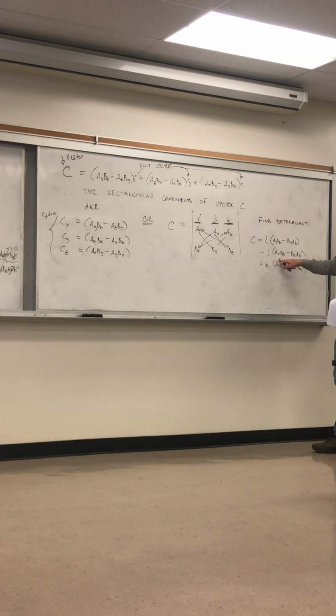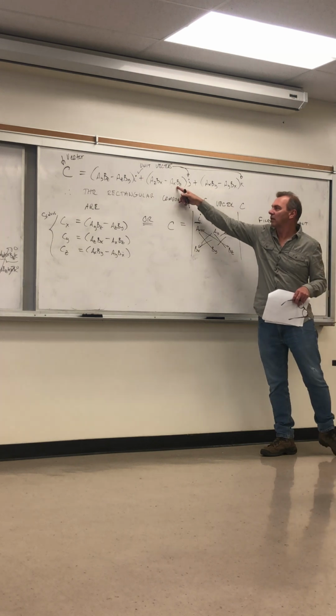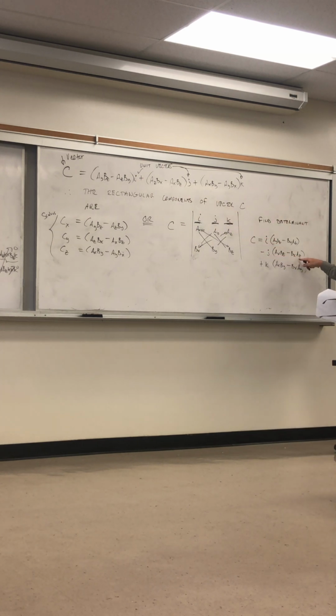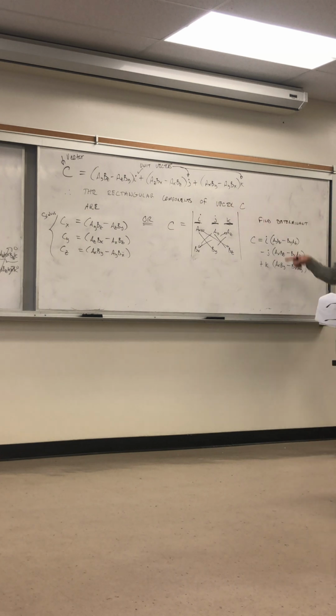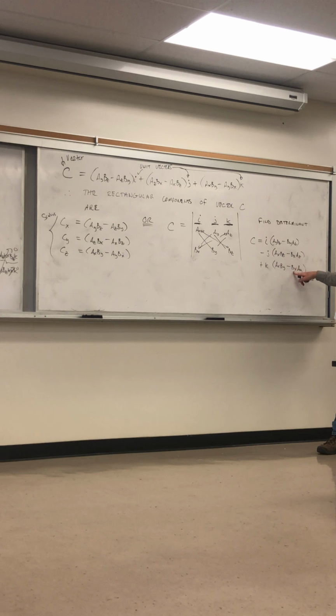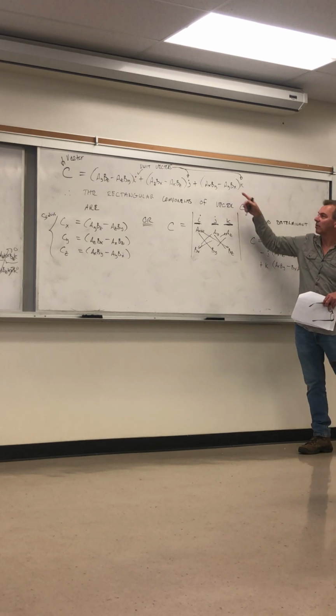We have AXBZ, there's a minus, so that's okay. And then minus BX, minus the positive BXAZ, so that's correct. And then we have here K, and AXBY minus AYBX, BXAY.